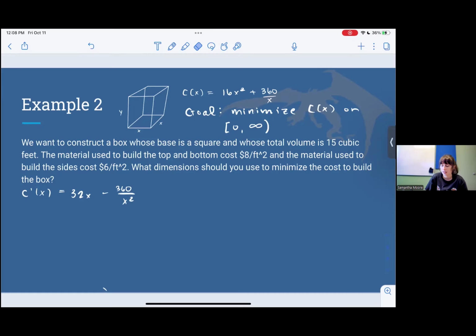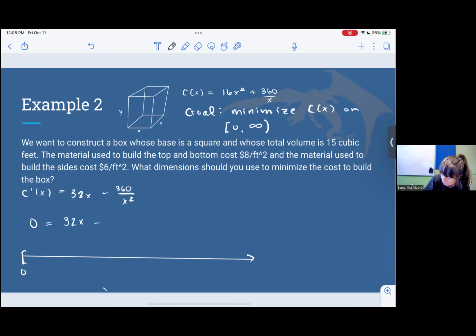Okay, to set up my number line, my minimum is at x equals 0, and then we go off to infinity. Then I want to think about what x value could make C prime of x equal 0.